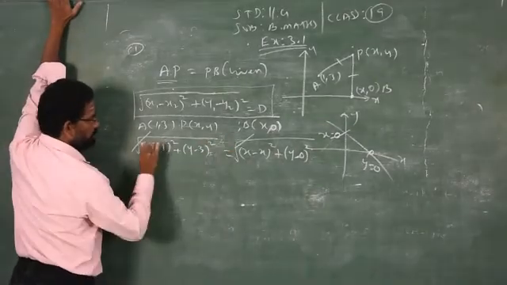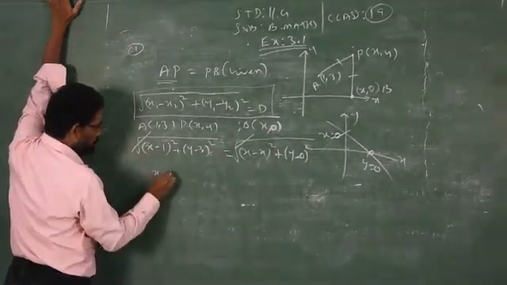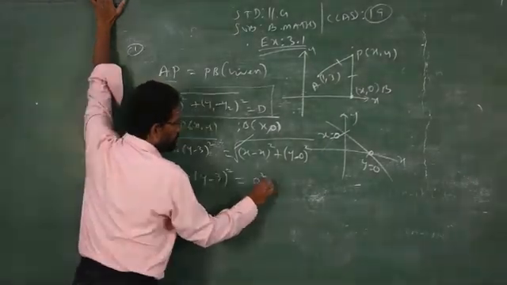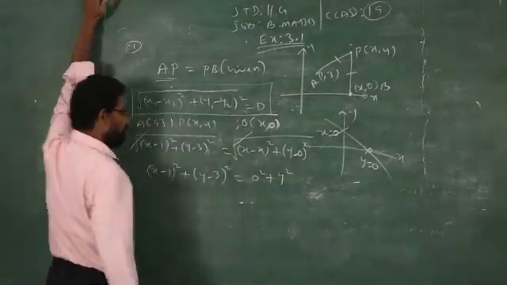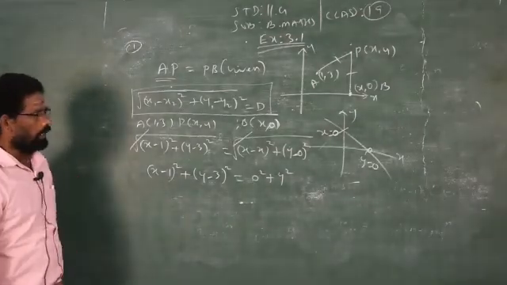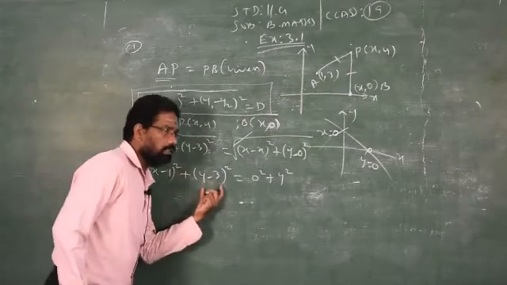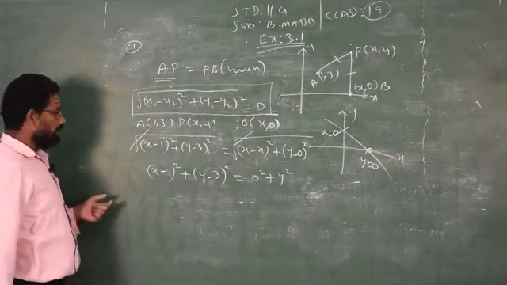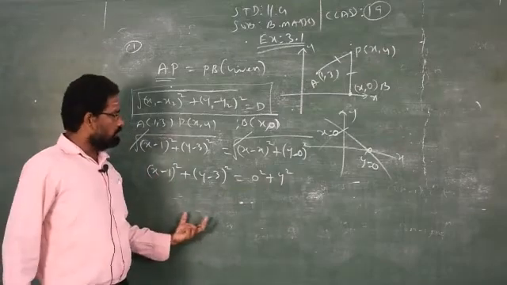So now I cancel the square root on both sides. I will get (x minus 1) the whole square plus y square, since y minus 0 is y square. This you can expand by the identity (a minus b) the whole square, and there also (a minus b) the whole square. Remember the (a minus b) the whole square and (a plus b) the whole square identities to simplify these problems.